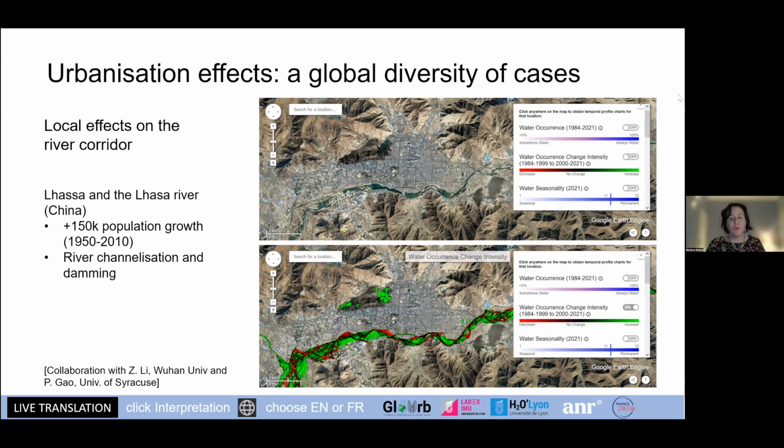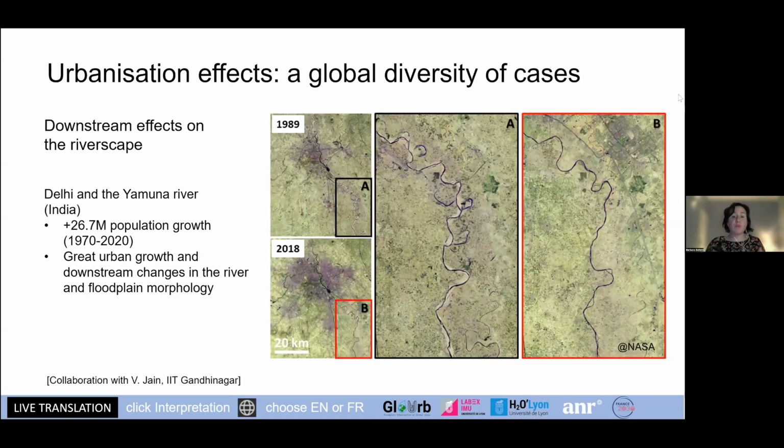You see the strata, which shows the occurrence of water in the last 50 years, and everything that is green is after 2000. There is more water than there was before 2000, and this is because they built dams and channels along the Lhasa River to ensure water supply.